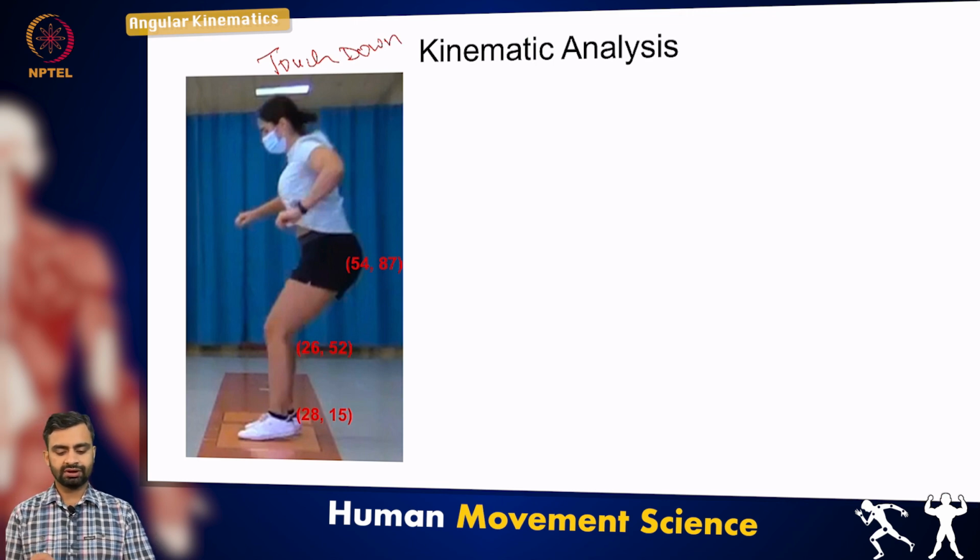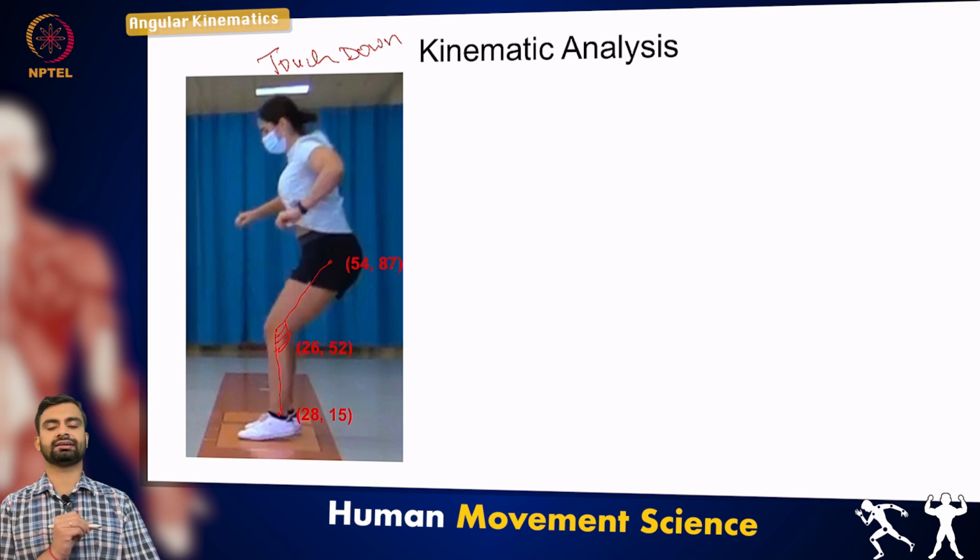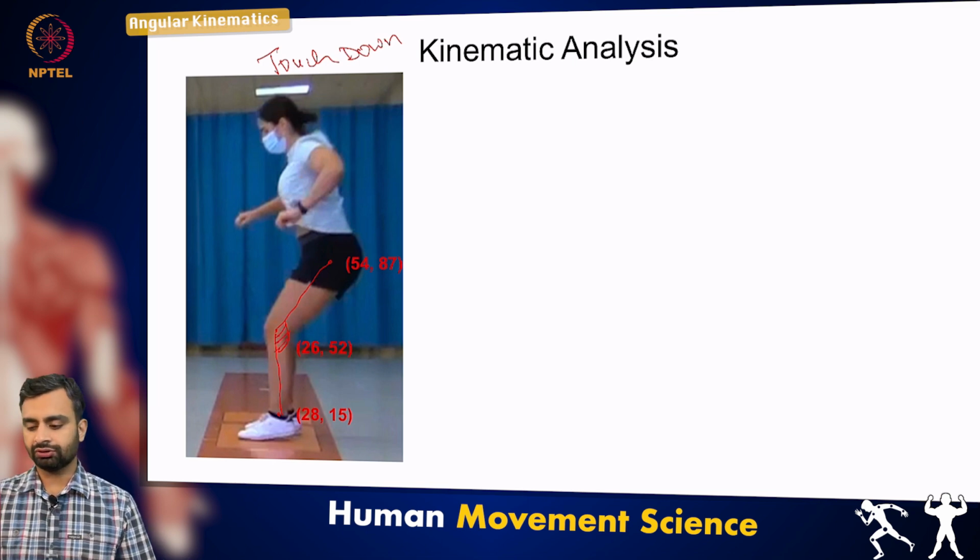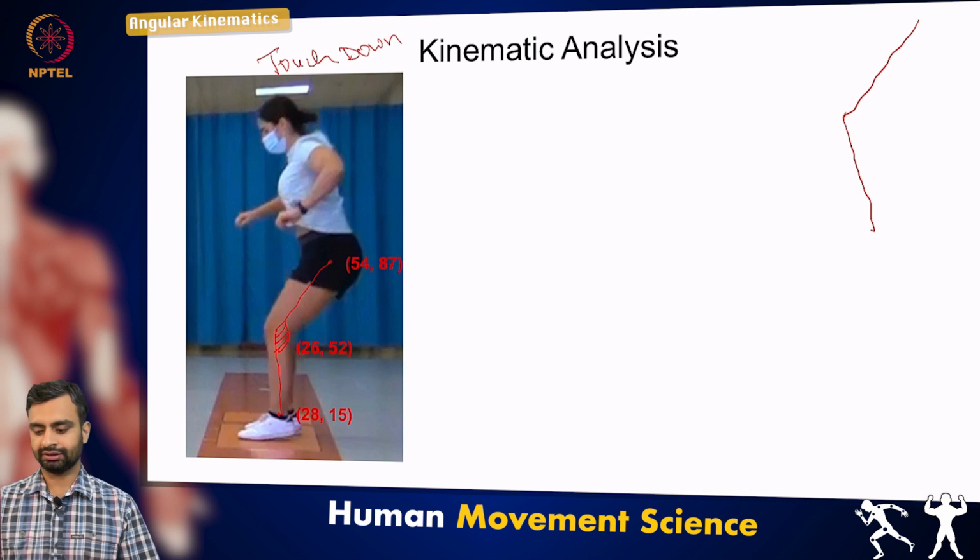In this, we were given the location of ankle, knee and hip joints. So we are interested to find the knee angle. So let me draw over here. This is our thigh segment and this is our leg segment. So this is leg, this is thigh. We are interested in this angle.